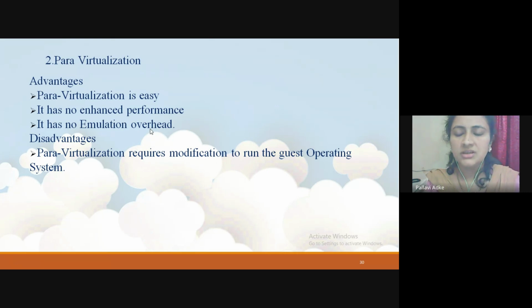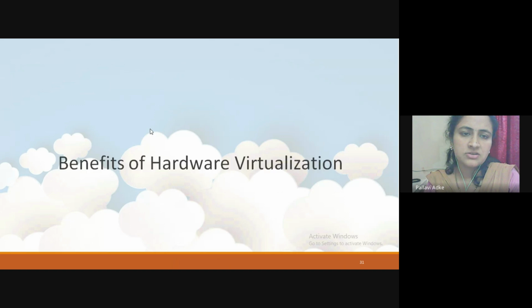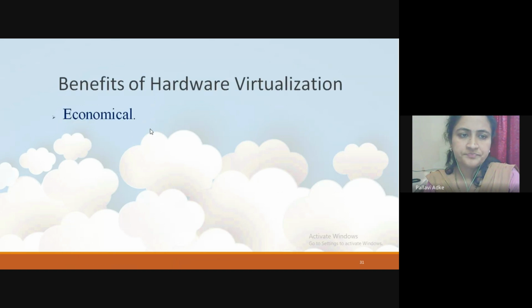Everything will not be virtualized like in full virtualization. Some things will be virtualized, like the operating system and your applications, while your hardware will be the same for all the virtualized machines. That is called para virtualization.